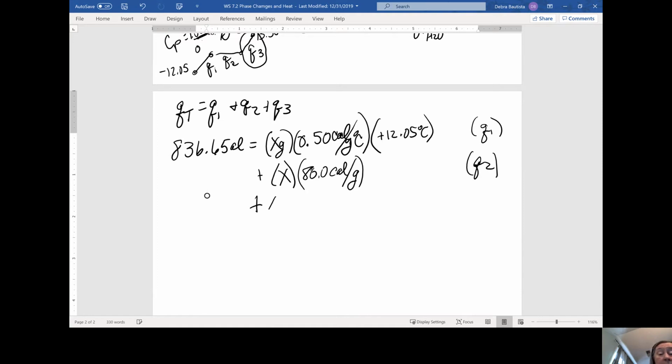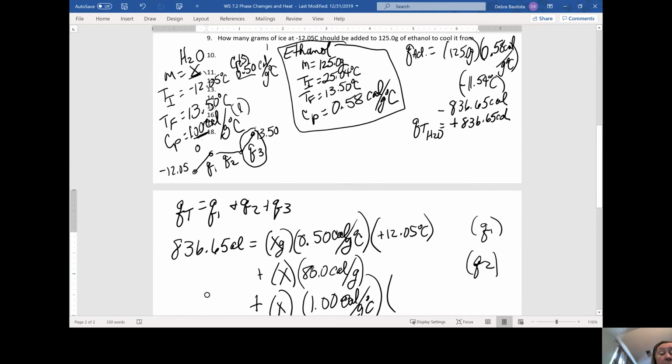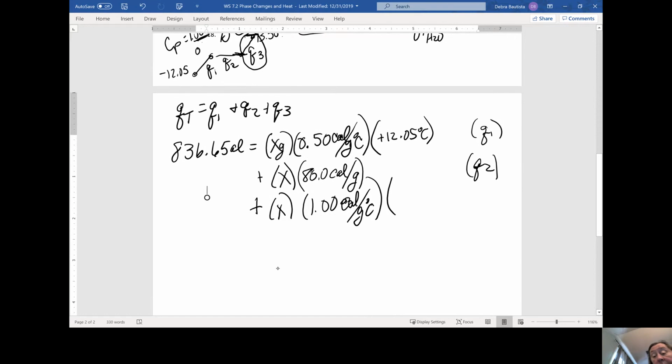And then plus X times the heat capacity for water as a liquid, in calories per gram degrees Celsius. Now I do have a temperature change because I'm going from 0 to 13.5, so final minus initial, that'll be a positive 13.50 degrees Celsius.